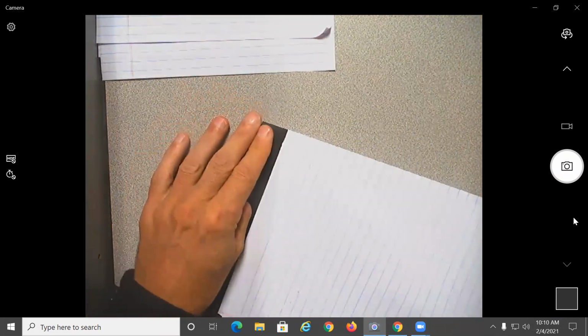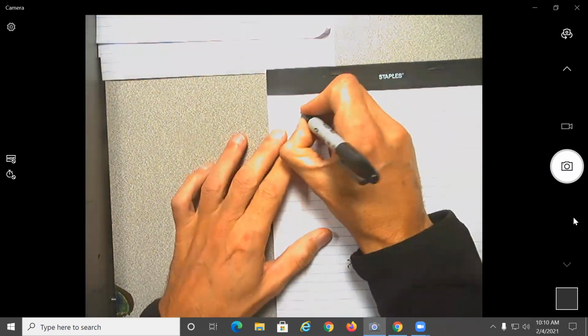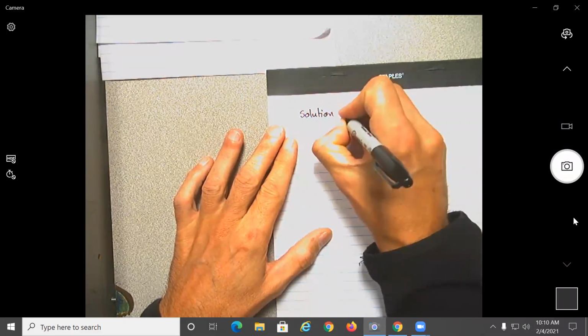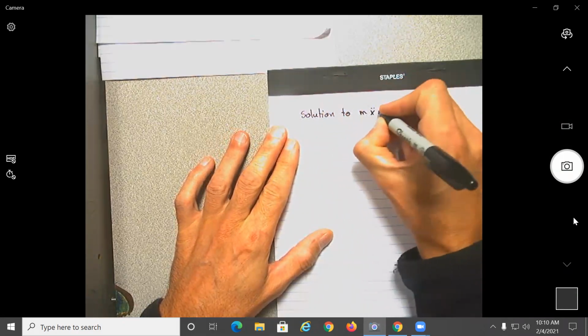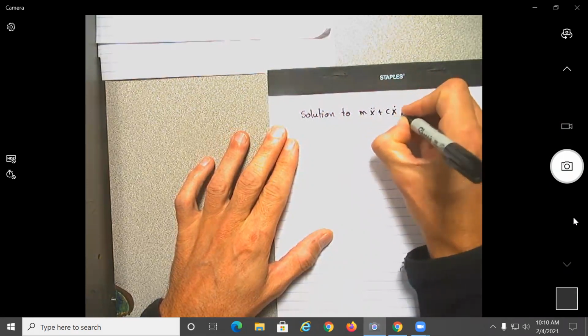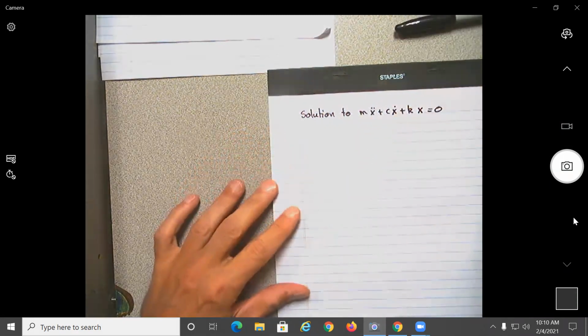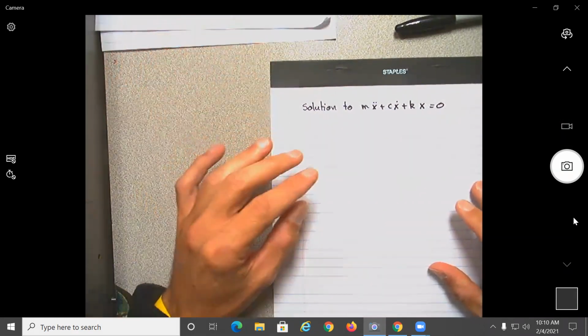So we need to find the solution to m x double dot plus c x dot plus k x equal to 0. And again, it's going to be the same procedure as before.